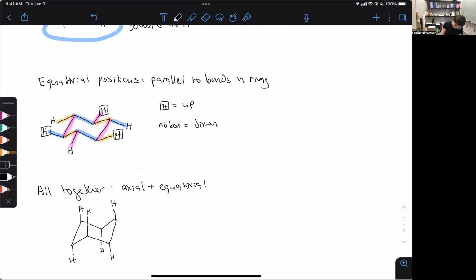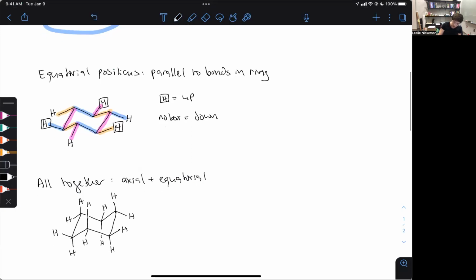Then we go in with the equatorial ones, making sure that everything is as parallel as we can make it. At the end of it, you should have 12 hydrogens all told. So we've got all of our axial and equatorial substituents here. Then, of course, you can do it on the other one, which I was avoiding doing because I don't like drawing that chair.